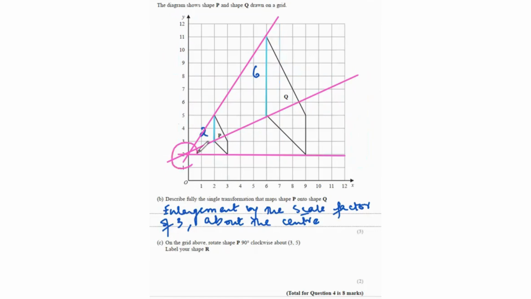As you can see, the center of enlargement is this, (0, 2). Then it says on the grid above, rotate shape P 90 degrees clockwise about the center (3, 5). Label your shape R.